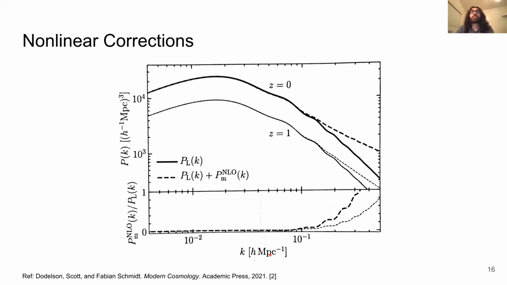So we see that that's right after the first BAO wiggle. Oh, sorry, the baryon acoustic oscillation wiggle. And so we can see that the effect of including these nonlinear terms is to smooth out these BAO features.